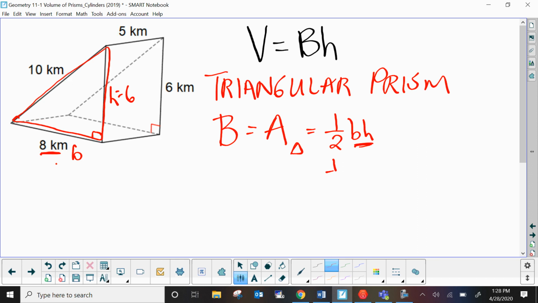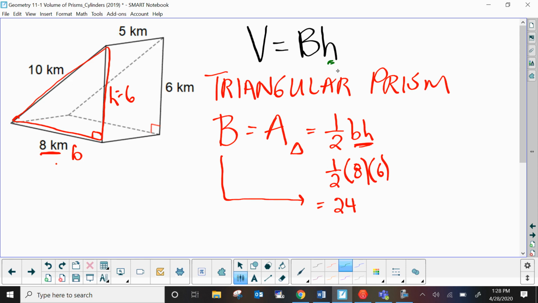So I do 1/2 times 8 times 6. 1/2 of 8 is 4. 4 times 6 is 24. So that is what my capital B is. Now remember, the H in the formula represents the height of the prism. That is the distance between the bases.